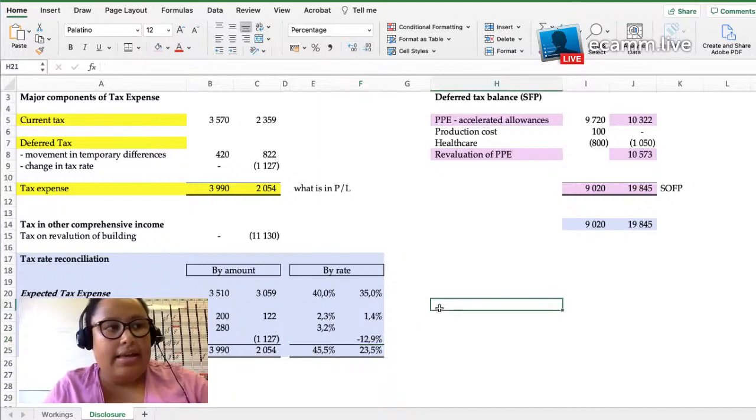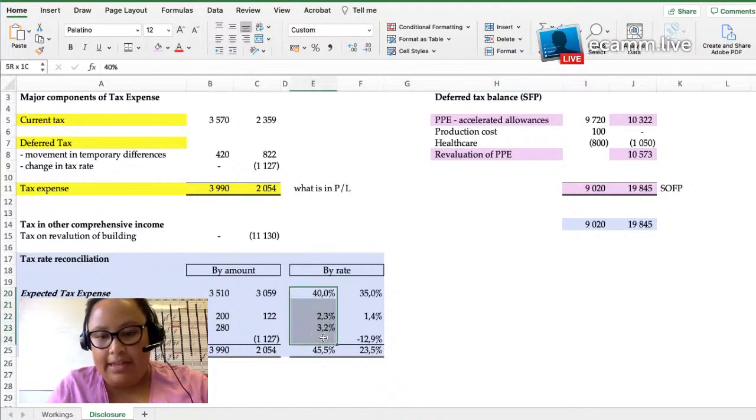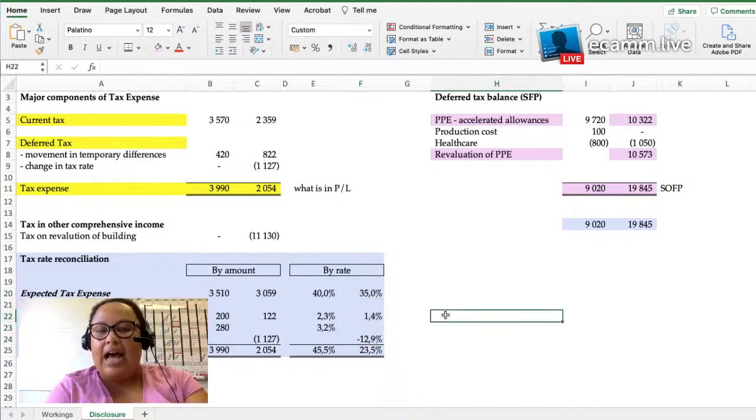So there's our 12.9%. If you sum up the first column, it reconciles to 45.5%, and the second one reconciles to 23.5%. That is how we do the tax rate reconciliation using the rates. It's important that you understand both of these.